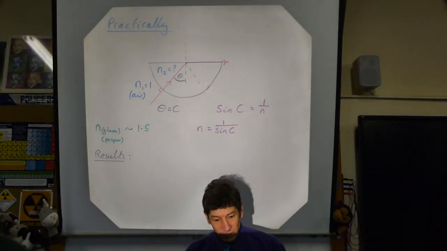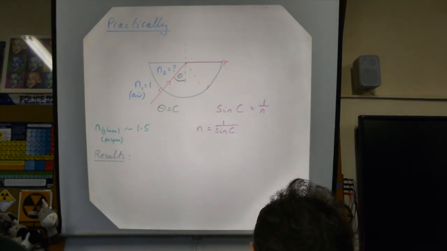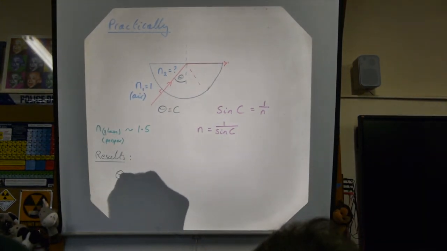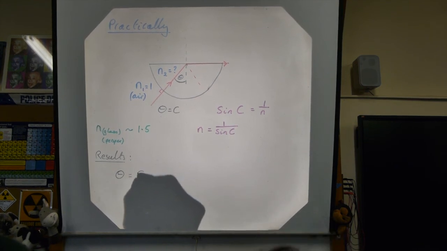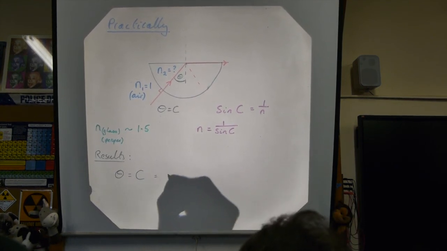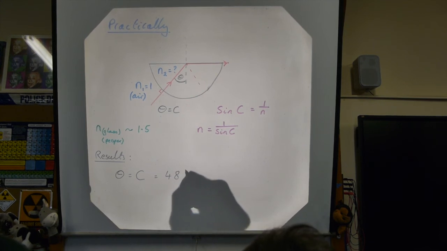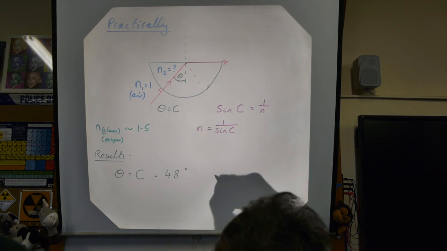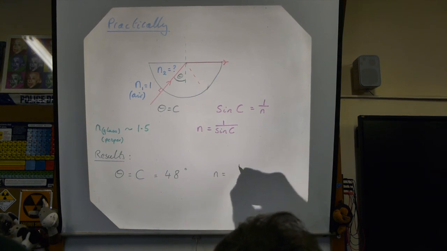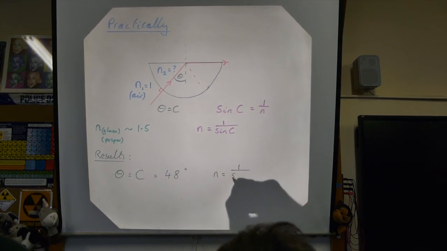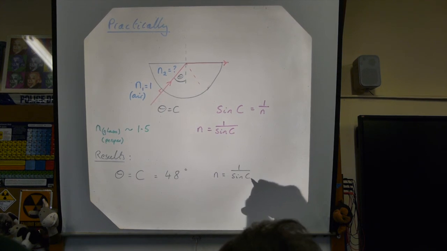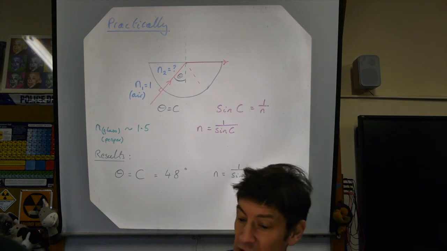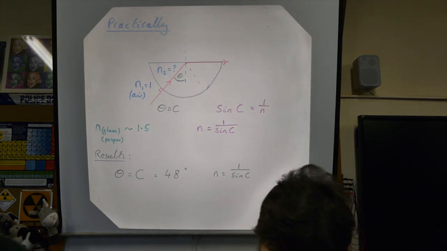So let's go through our results. So we found out there that the critical angle, so the angle that we measured, which is the critical angle, was equal to 48 degrees. So we know the refractive index, N, is equal to 1 over sine of the critical angle, as long as the material outside is a vacuum or air, has a refractive index of 1.